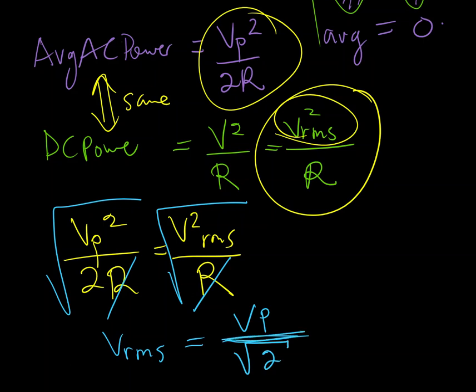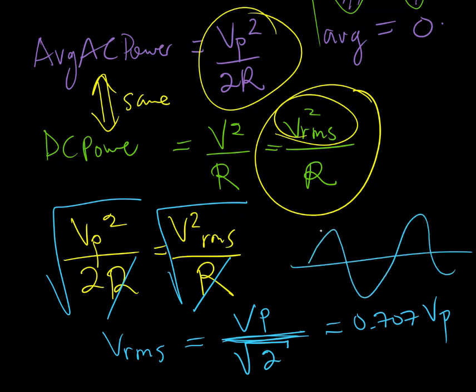That's where that definition comes from: V RMS is V peak over the square root of 2, which is approximately 0.707 V peak. So if we have an AC waveform with a certain V peak, we can figure out the RMS value of that AC voltage.